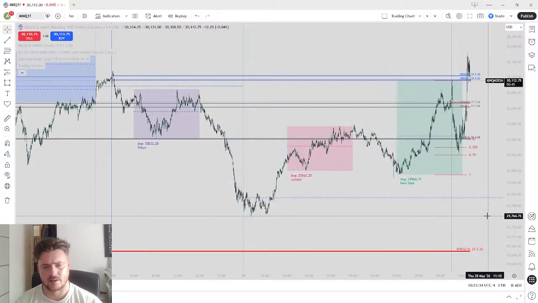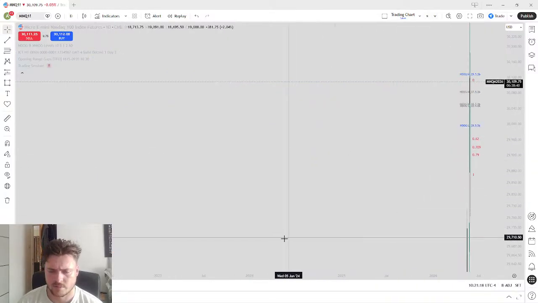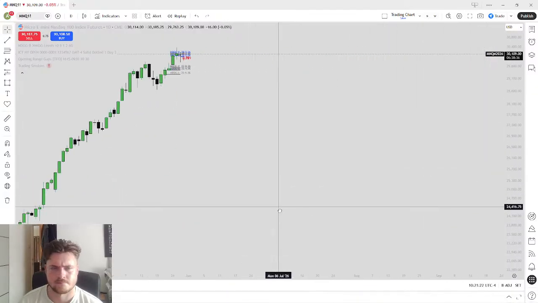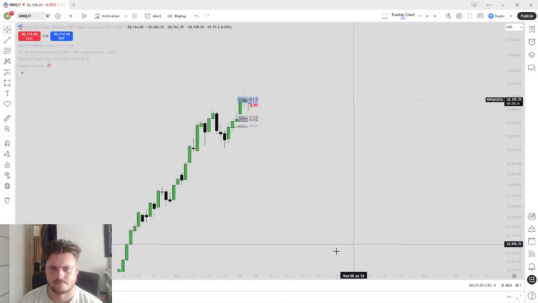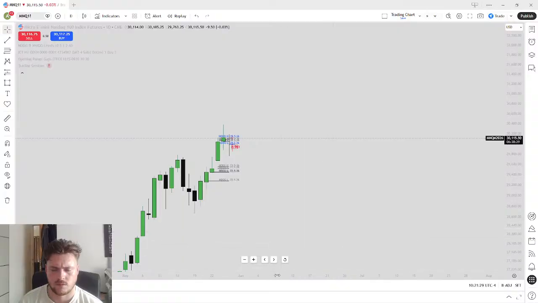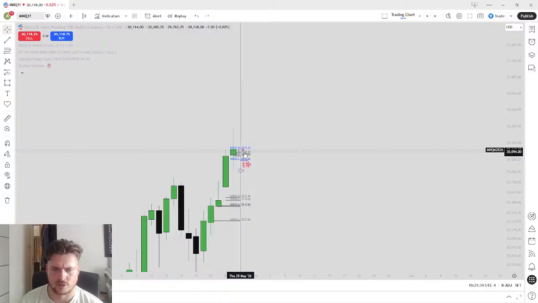So in order to get that vision, I have to use the higher time frame PD arrays. So if you look here, this candle is likely to go up now.